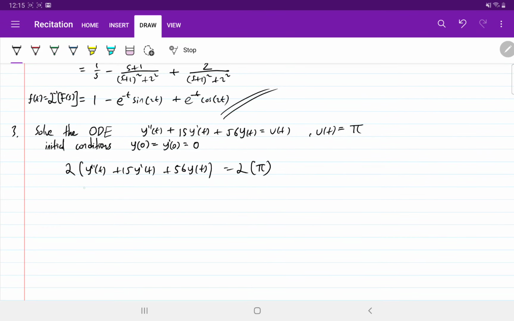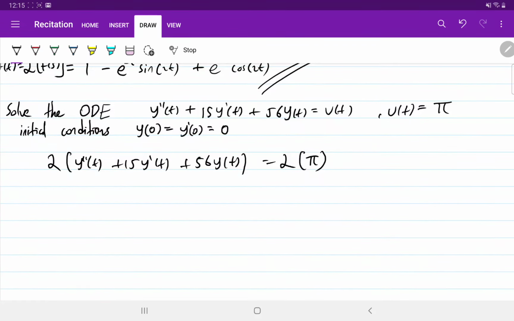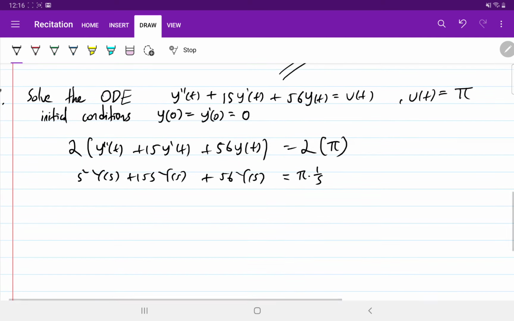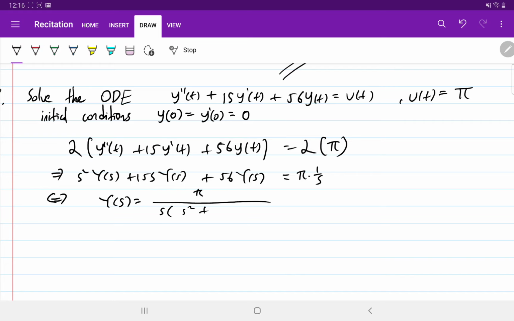Okay, we have s squared Y of s plus 15s Y of s plus 56 Y of s, and then pi is a step function, so you have pi times 1 over s. Okay, and we can write this as Y of s equals pi over s times s squared plus 15s plus 56.